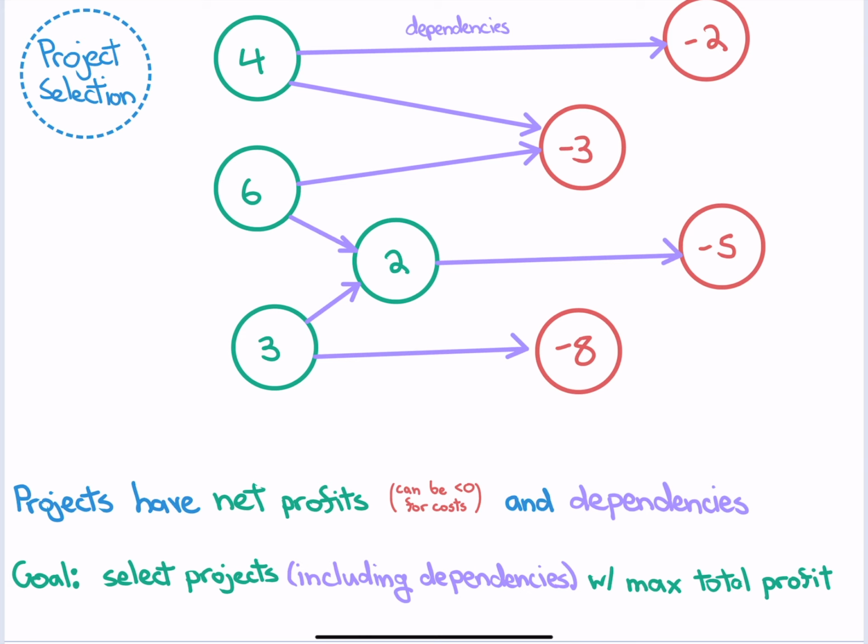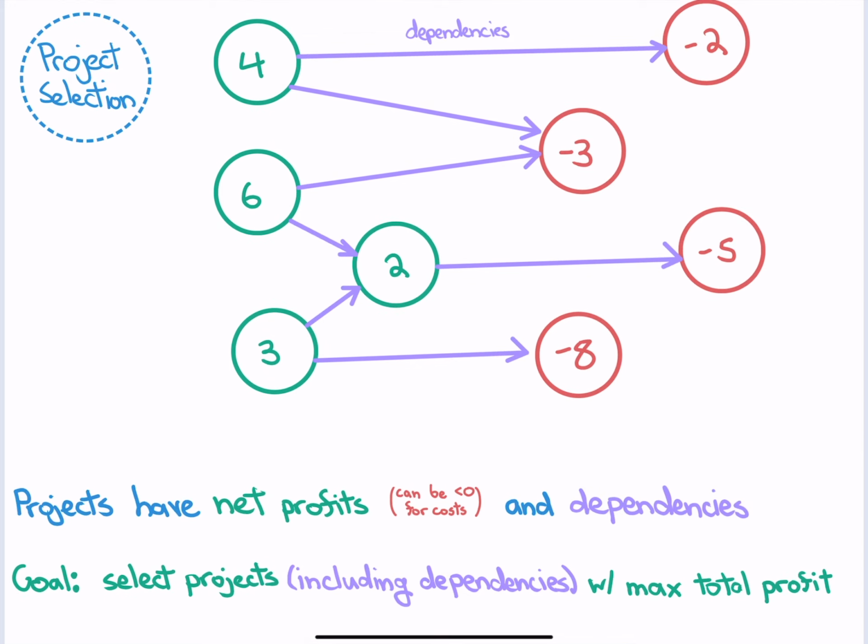On the other hand, some of those costs can serve multiple projects. So maybe there's some selective way to choose some of the projects while containing all the dependencies to maximize the profit. All right, so what's the best score you guys can come up with for this one?